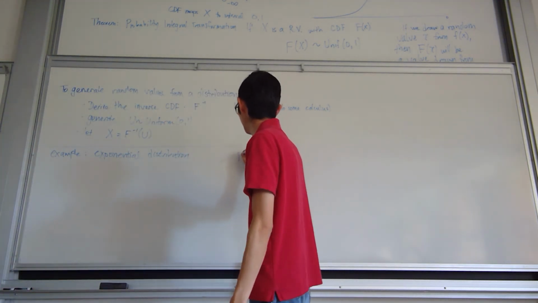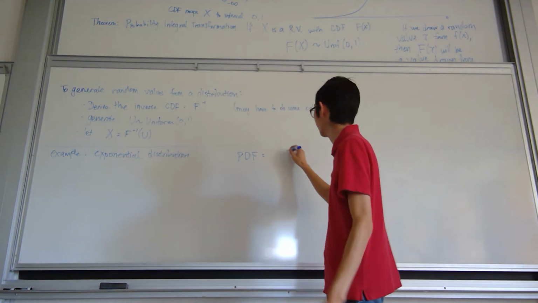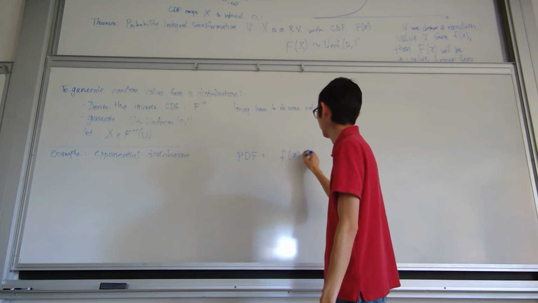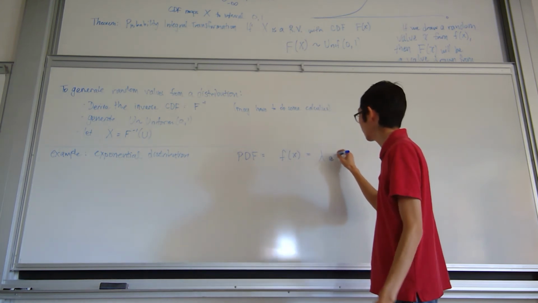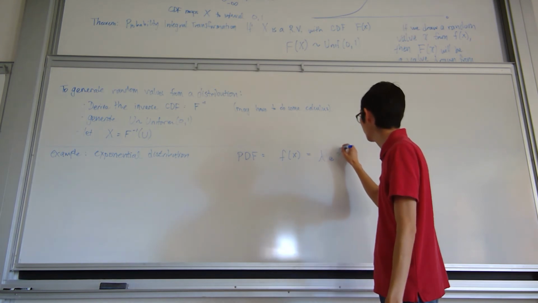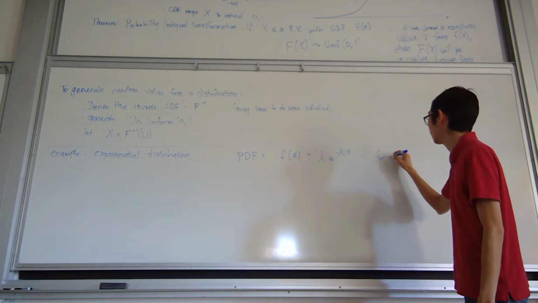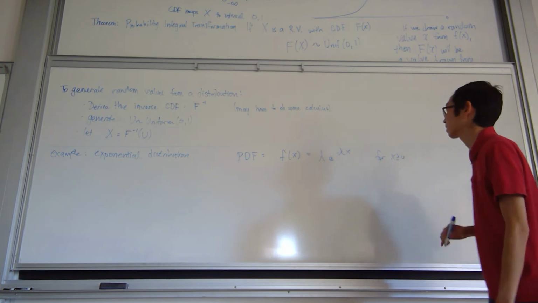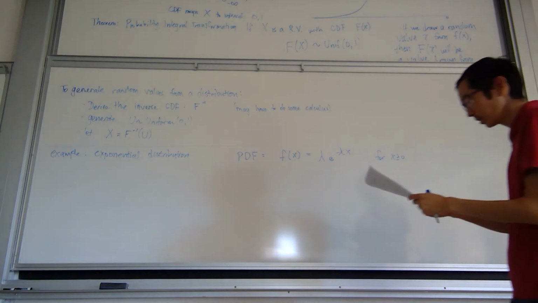Okay, so the PDF of the exponential distribution is lambda e to the negative lambda x, okay, for all x that are greater than or equal to 0.